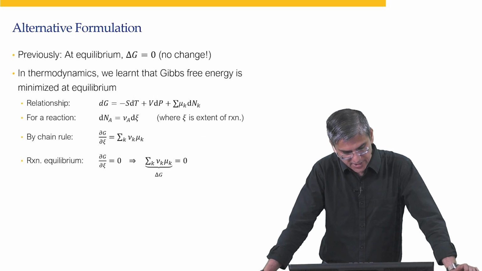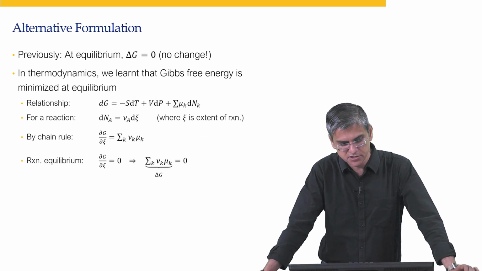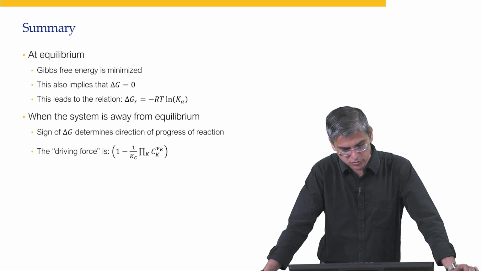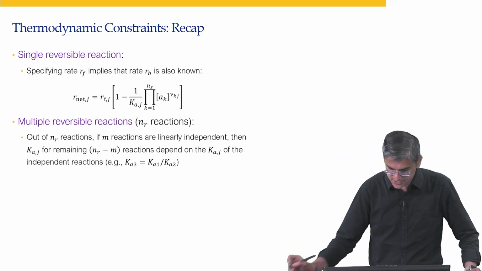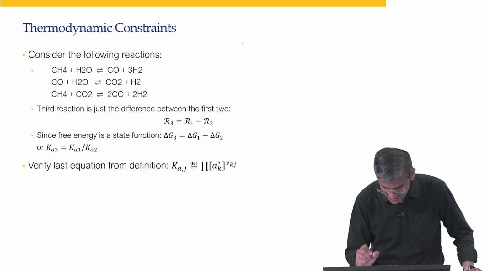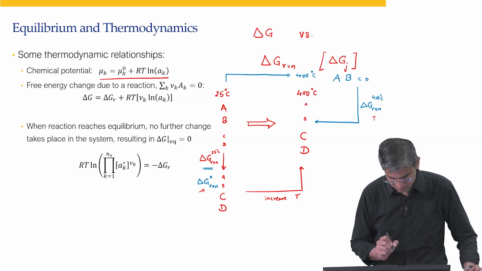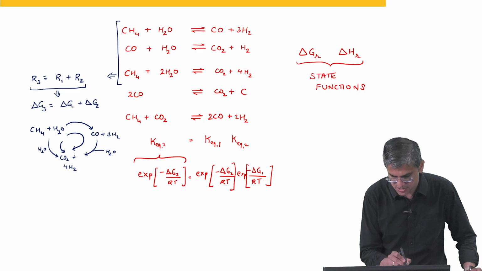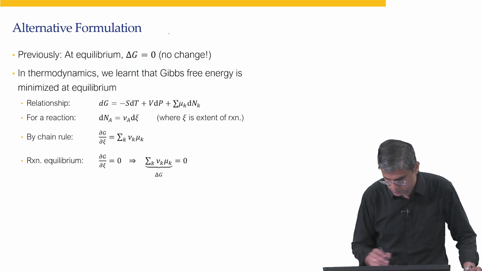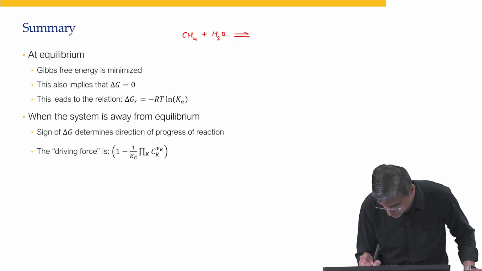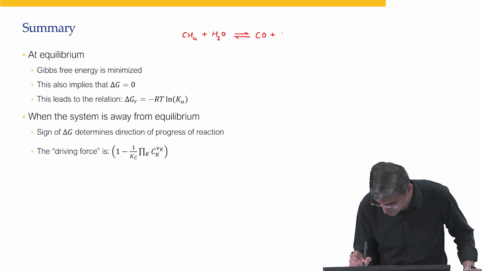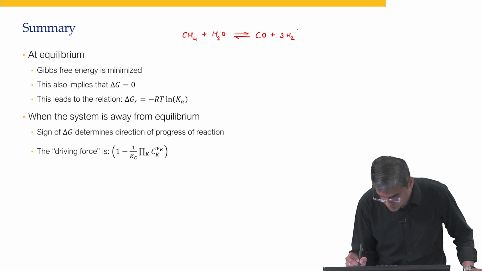Okay. And then this is the other derivation by chain rule, you can go through the other derivation by chain rule. Okay. So, what I mean by that is, let us say you have the reaction CH4 plus H2O. Okay.